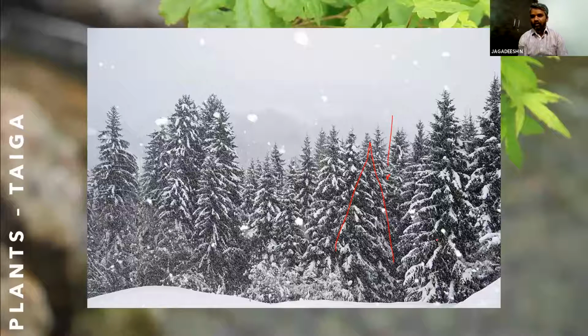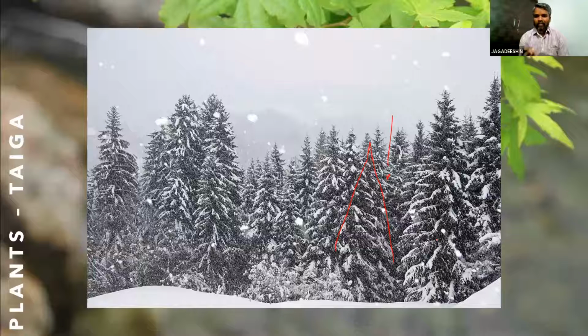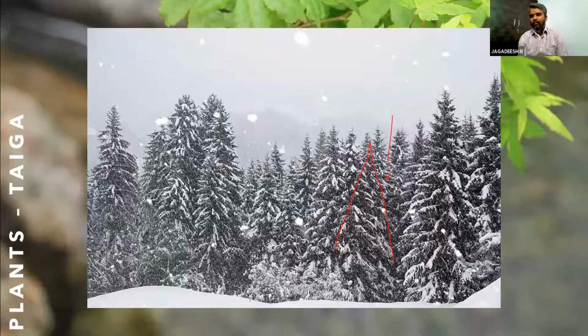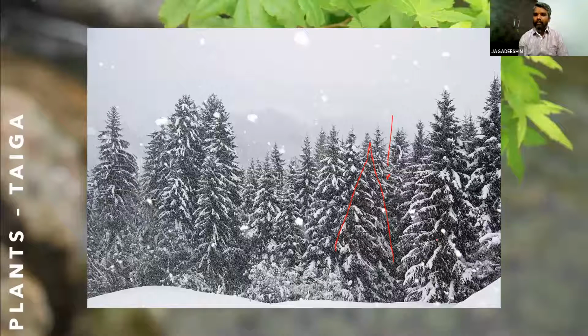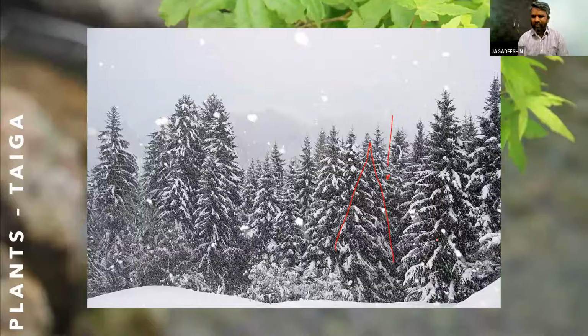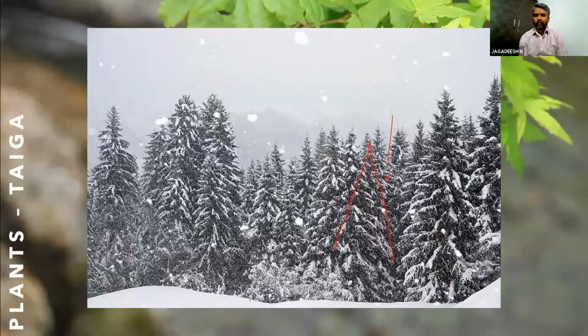The leaves are also tiny, and the triangle shape of the trees also prevents the collection of snow over it. Okay.